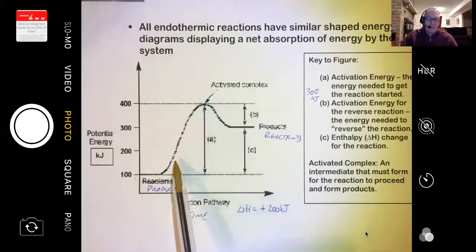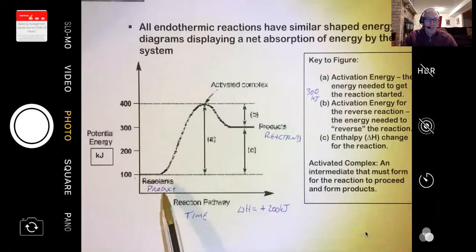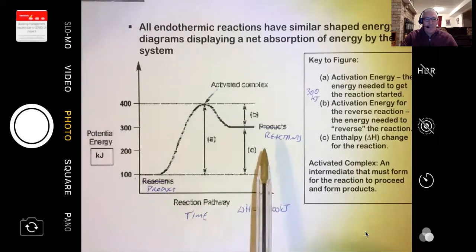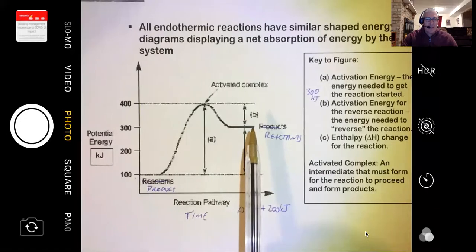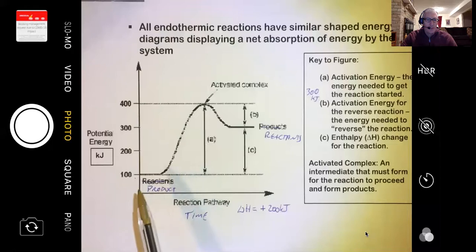So if we could somehow make the products become the reactants and the reactants become the products, whereas it was an endothermic reaction going in this direction, this looks like we've got a large amount of energy going to a smaller amount of energy, which looks like an overall loss. So hopefully you can see that the reverse reaction here would be an exothermic reaction.